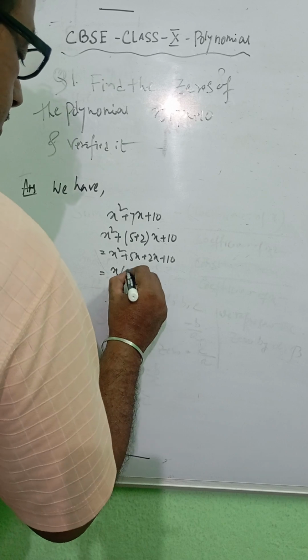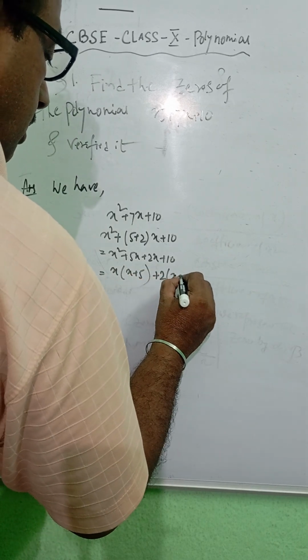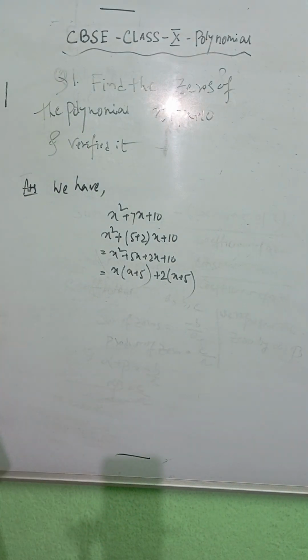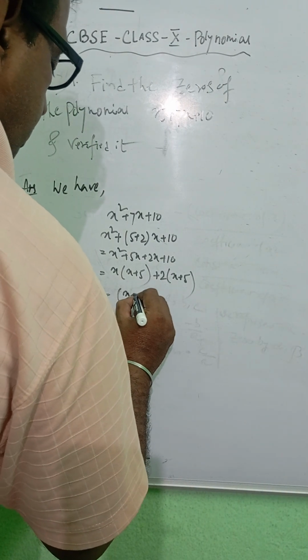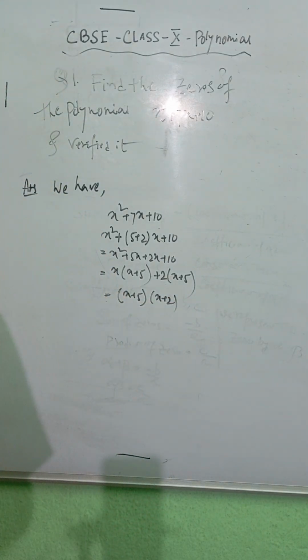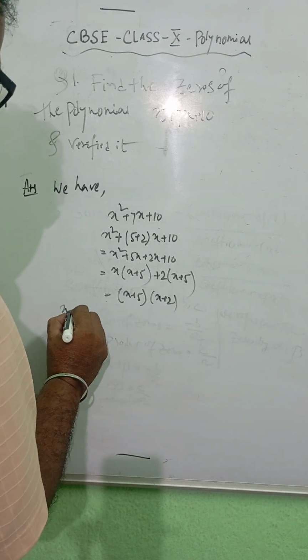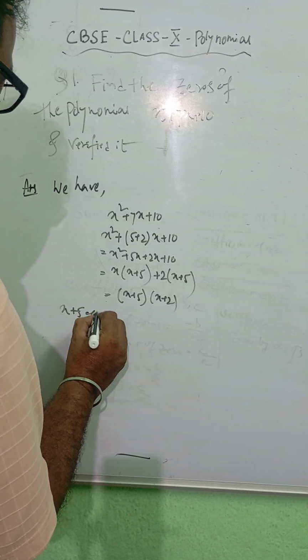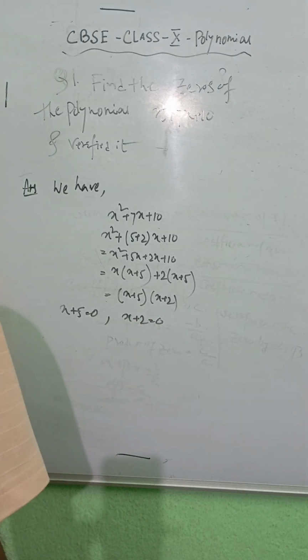Now x plus 5 and x plus 2. If zero, then x plus 5 is equal to 0 and x plus 2 is equal to 0.